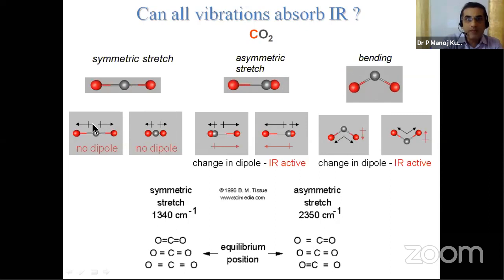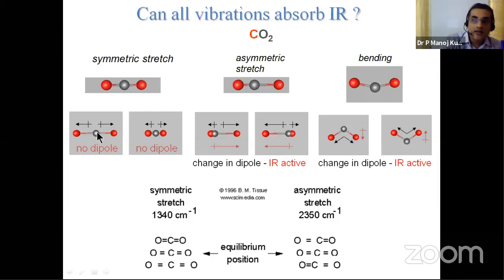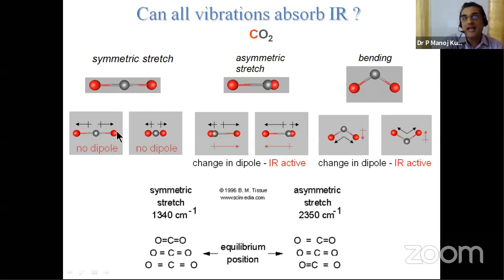Dipole moment is a vector quantity, and it always has a direction, from the positive center to the negative center, so from carbon to oxygen. Whatever dipole moment you have on the left hand side, the same dipole moment you have on the right hand side, so they cancel and the resultant dipole moment is equal to 0.